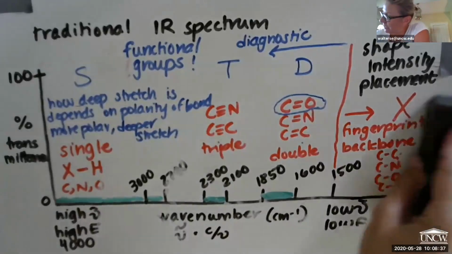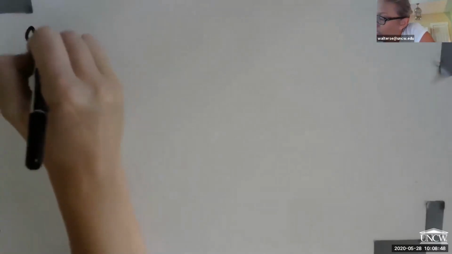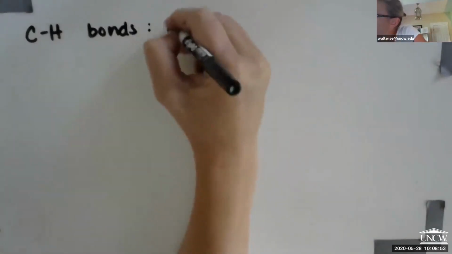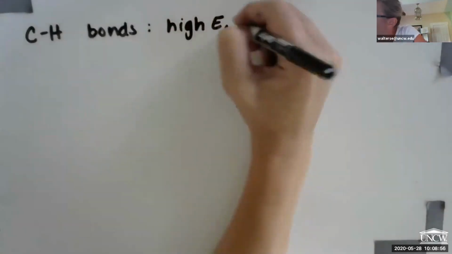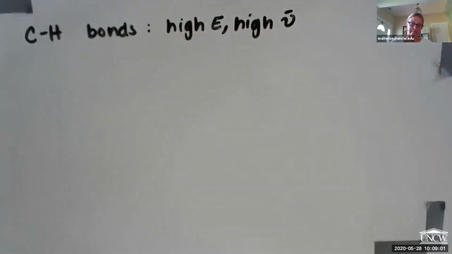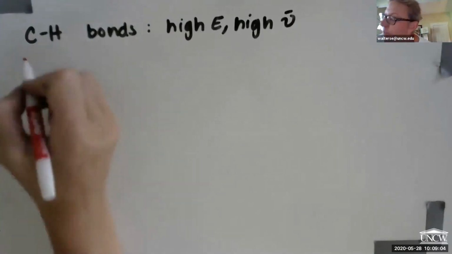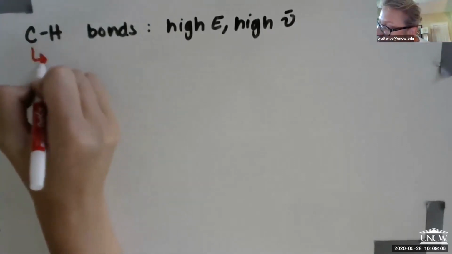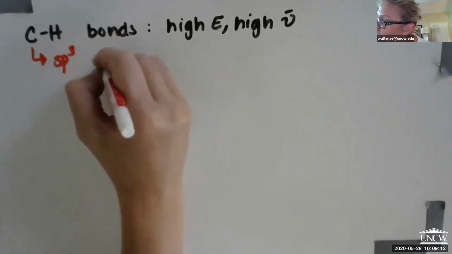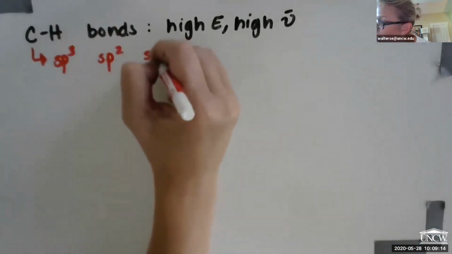Okay, so I'm going to erase this. And we're going to start with carbon to hydrogen bonds. These are going to be high energy, high wave number stretches. But what's going to happen is that you have different kinds of hydrogens because you have sp3 carbons, sp2 carbons, and sp carbons.